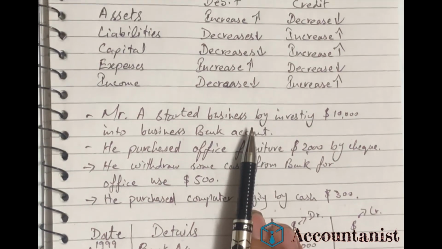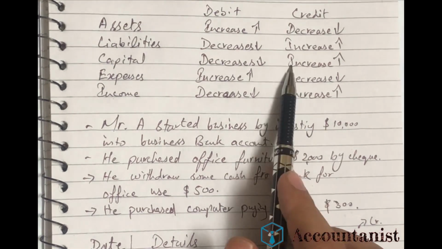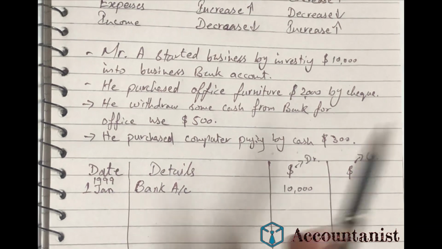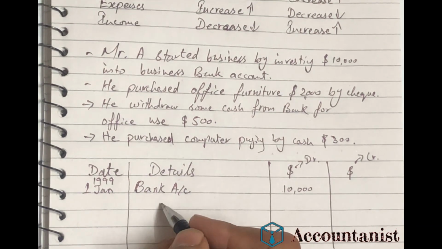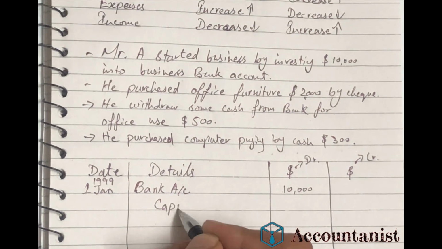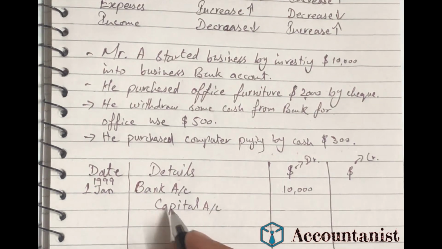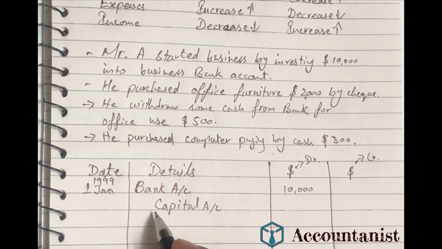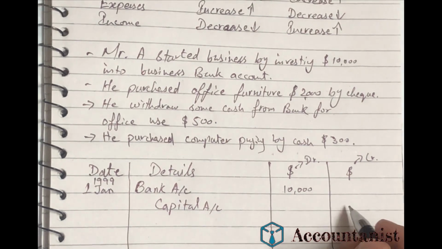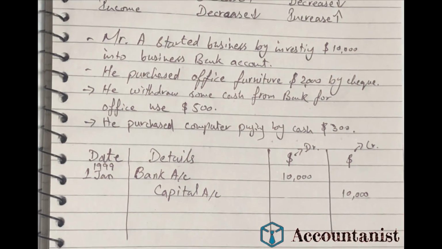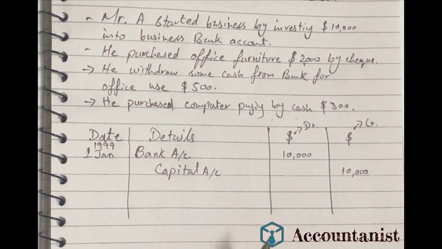So now we have to write capital, and the credit entry we record by giving some space and the amount that we will write down on the credit column. And we are done with our first entry.